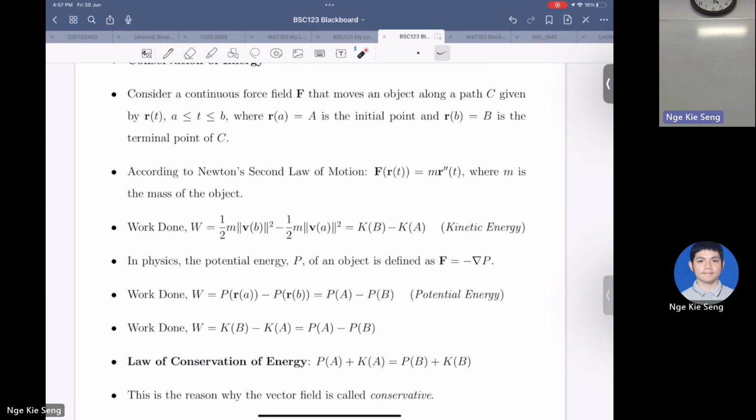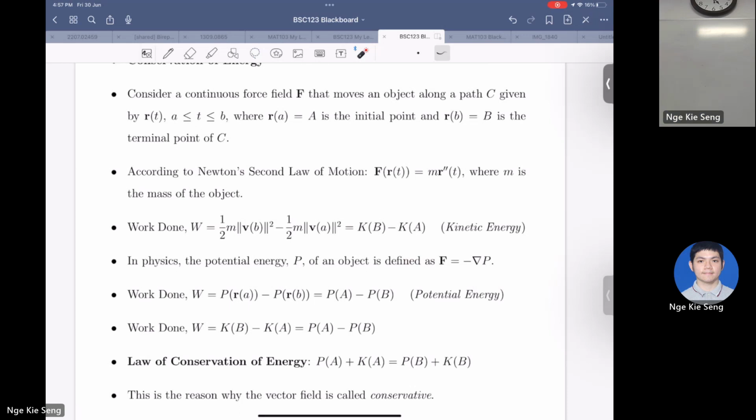So you conserve the energy under the force field, under the gravitational field. So if we can write it as a gradient of some scalar field, then they have to satisfy the conservation of energy. Then we call it the conservative force field.